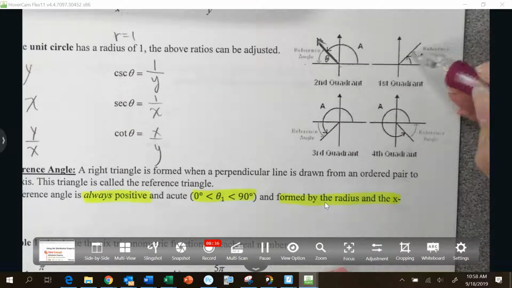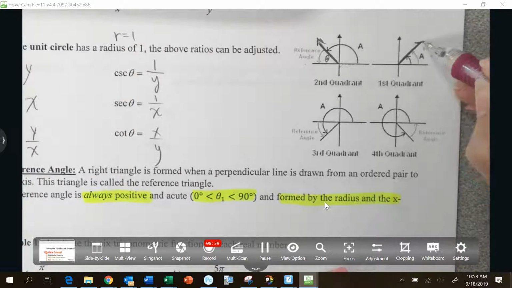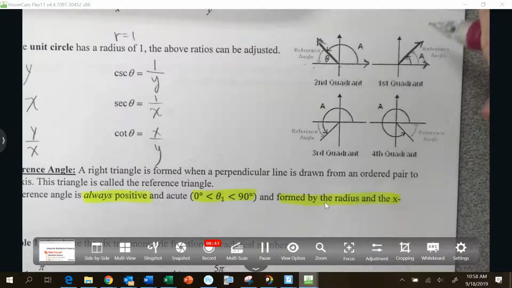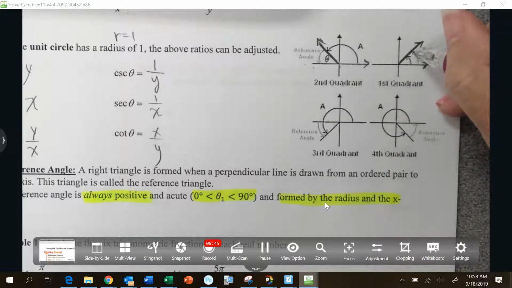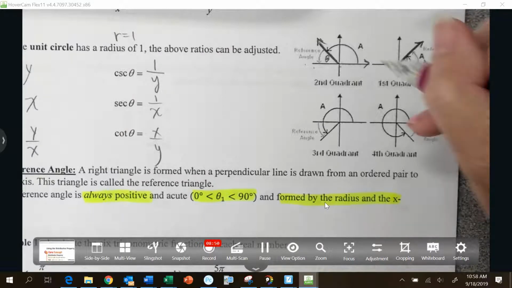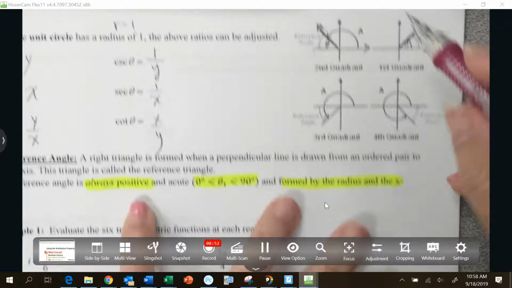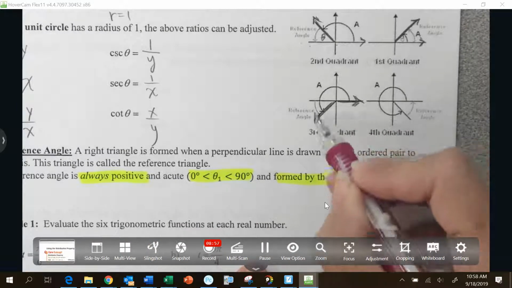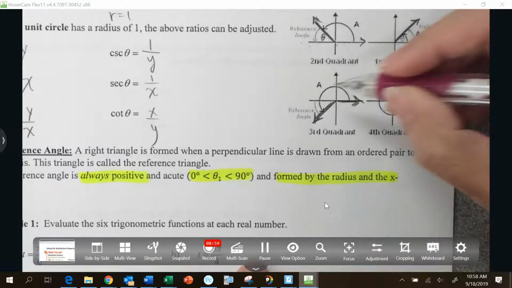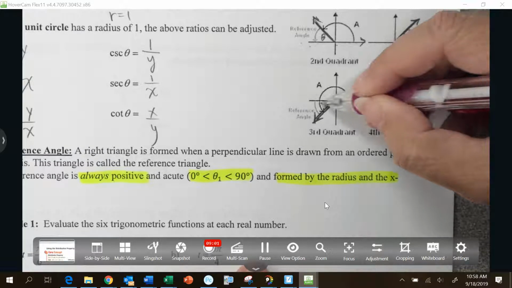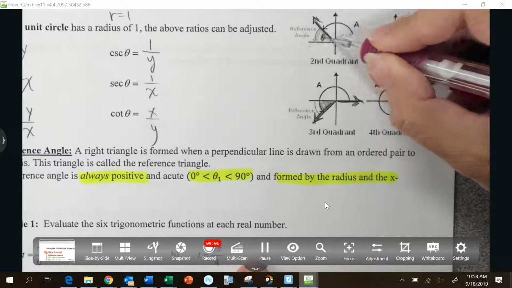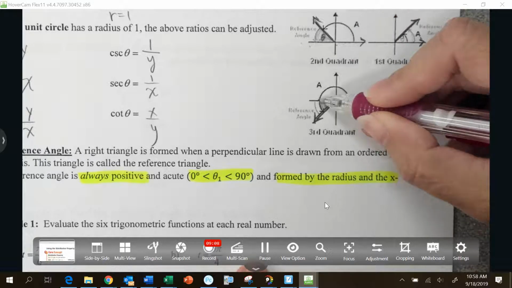If my terminal side is in the first quadrant, the reference angle is formed to the x-axis with the radius. If it is in the third quadrant, if we start here and we rotate all the way around, we end in the third quadrant. The reference angle is the angle that is formed by the x-axis and the radius.